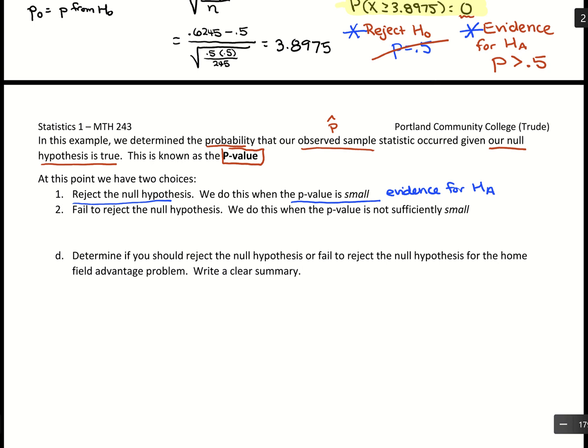If our p-value is not small, and in the video we'll talk about what is sufficiently small for a p-value, but when the p-value is not small, we would say we failed to reject the null hypothesis, which means we do not have evidence for the alternative.